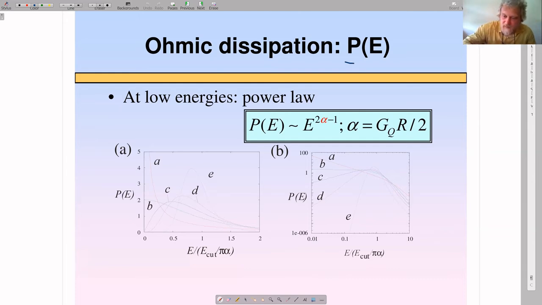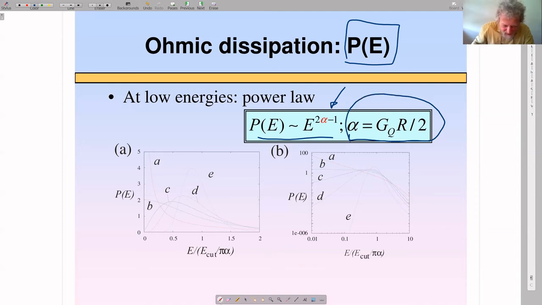And for ohmic dissipation P of E becomes a power law with an exponent which does depend on the actual value of the resistance. To understand what is going on, and how the exponent is determined, and how to reconcile this power law with the fact that the integral over P of E must be 1.